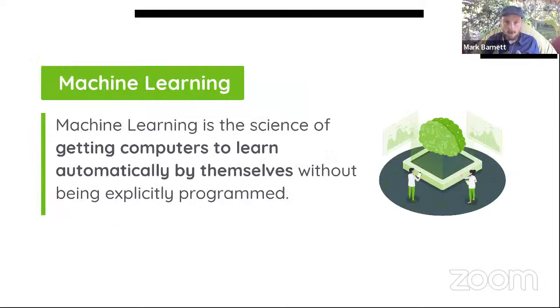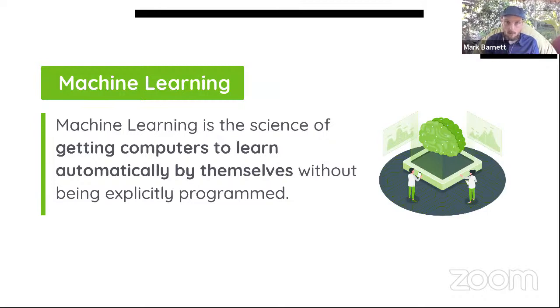For those of you that haven't learned too much about the terminology of artificial intelligence and machine learning, what's the difference? Artificial intelligence is an umbrella, a big category. And there are lots of different types of artificial intelligence software, algorithms, and systems. Machine learning is just one aspect of artificial intelligence.